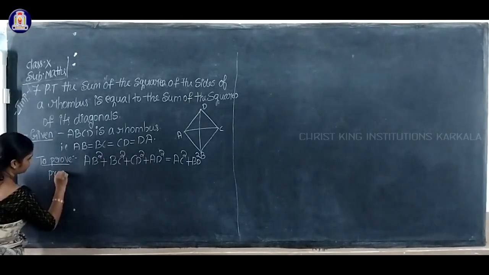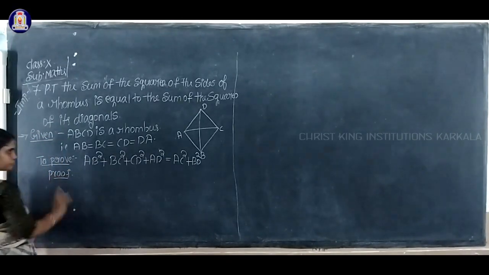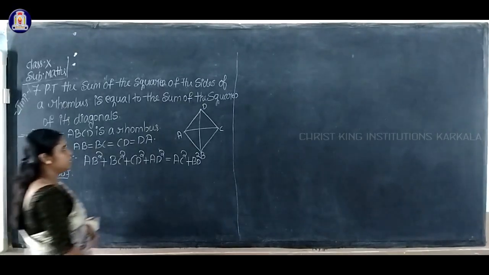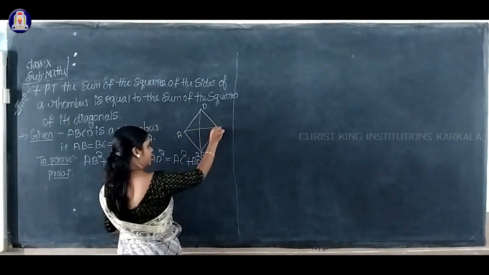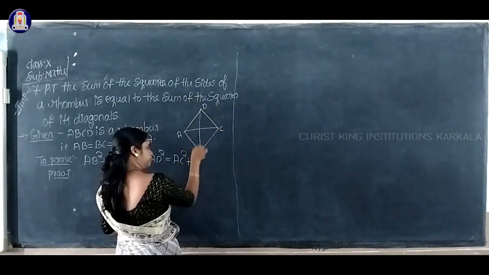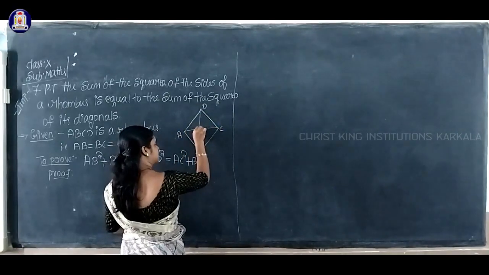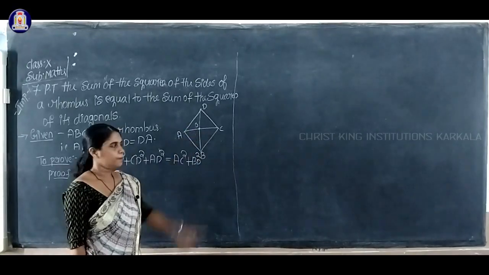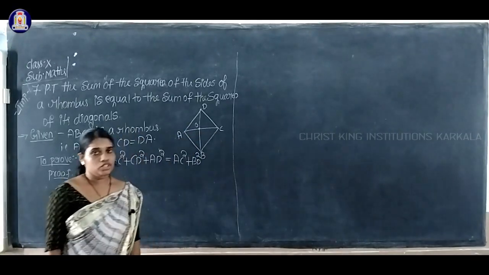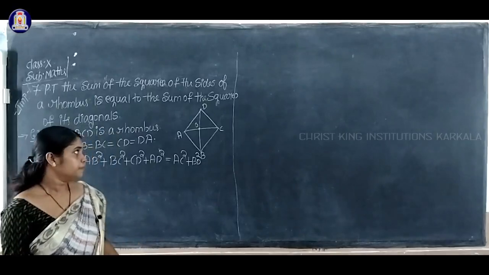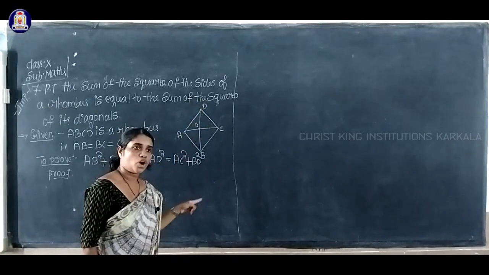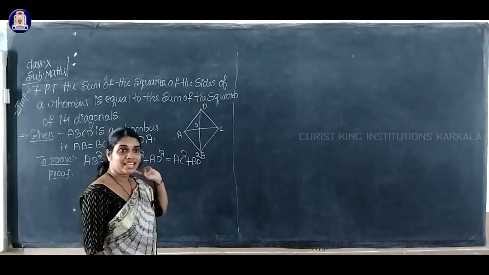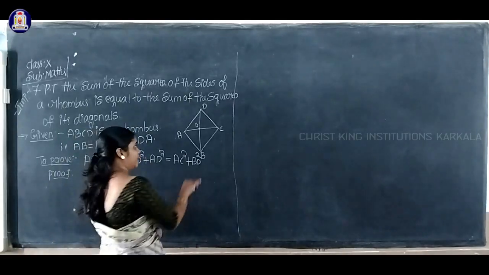Proof. See here, which are the two diagonals? AC and BD. These two diagonals are intersecting at the point O. According to the property of the rhombus, the diagonals of the rhombus intersect each other at 90 degrees.